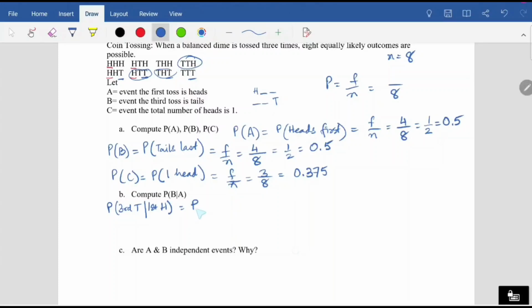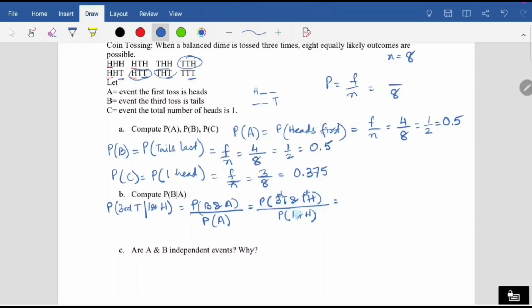Probability of B and A occurring together divided by the probability of the given condition. So probability of third toss tails and first toss H happening together, divided by the probability of first H.